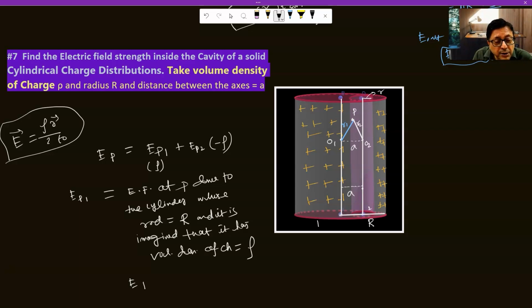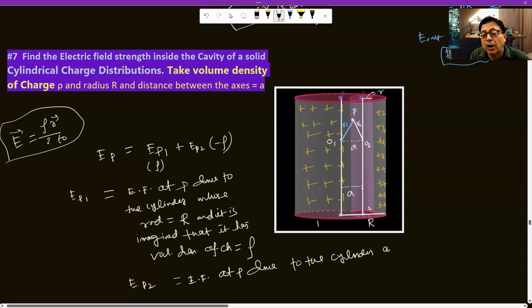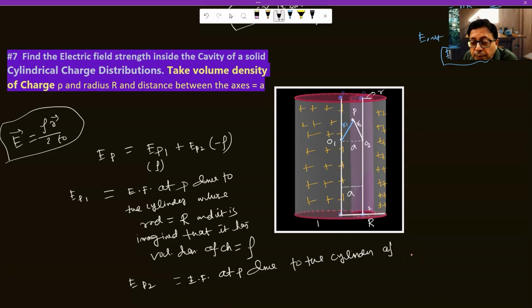EP2 is the electric field at P due to the cylinder of volume density minus rho. This pink one has volume density minus rho.